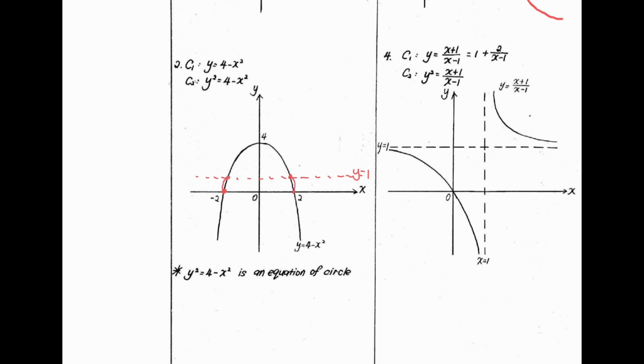Where y is greater than 1, the graph is smaller. The graph below the x-axis disappears. And at the end, symmetry about the x-axis. Okay, so we get this. If you have y coordinate 4, you should expect the square root to become plus minus 2.